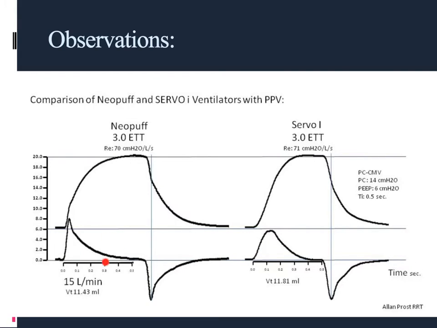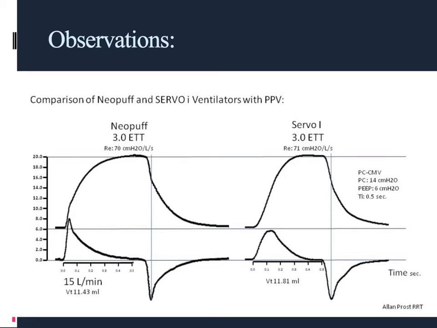So this seems to be controlled by something internal on the NeoPuff rather than strictly the resistance of the endotracheal tube. There's some background flow decline here, probably because of something inside the NeoPuff, the pressure limiting switch mechanism, that somehow slows down the equilibrium between mouth pressures and lung pressures. The servo i ventilator doesn't seem to have that as much. It's interesting that the delivered tidal volumes were consistently a little bit higher with the servo i, even though our pressure gradients were almost exactly the same.